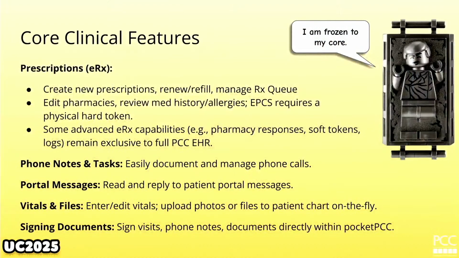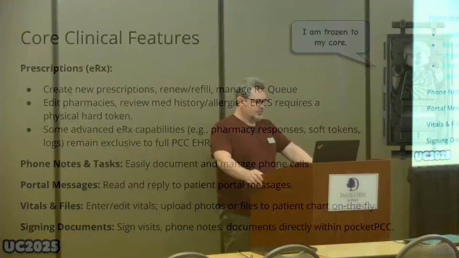And that was really the biggest hurdle when we were building ERX into the phone. That was always the concern, was how would we do this so that we're not in violation? And they did a lot of awesome work to make that available. So we got over that hurdle, and now have ERX capabilities through PocketPCC. Phone notes and tasks. You can easily document and manage those phone calls inside Pocket.